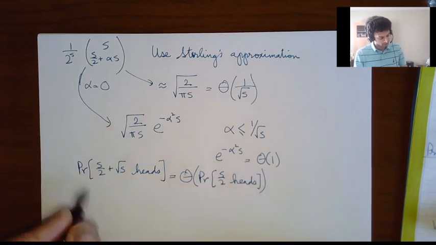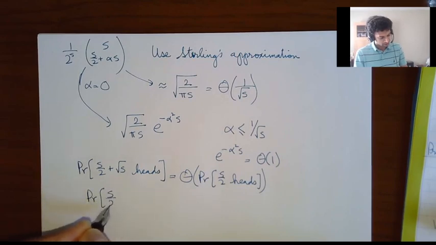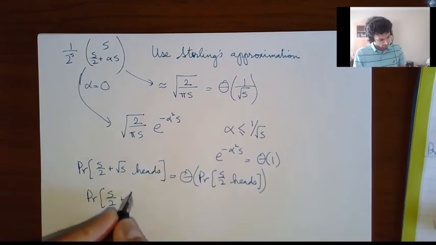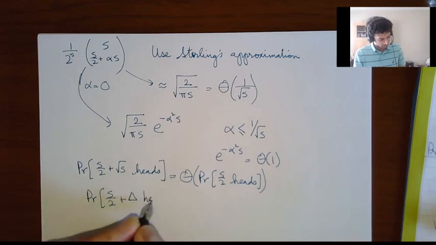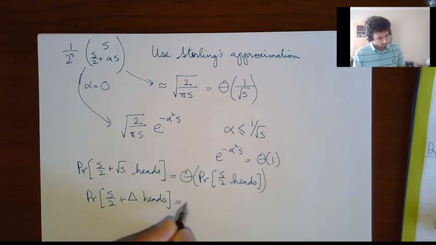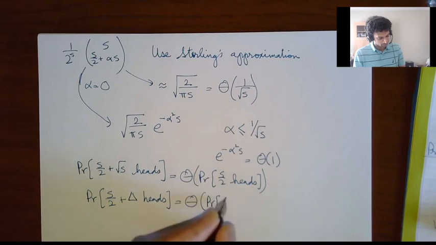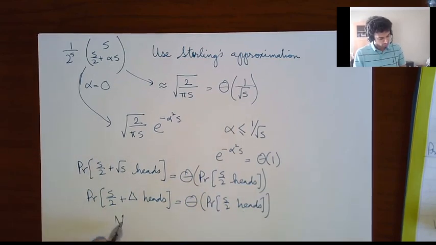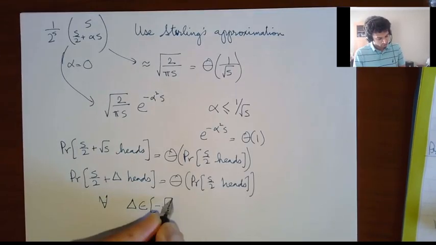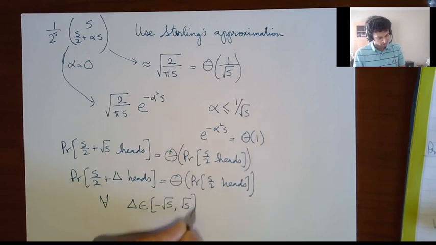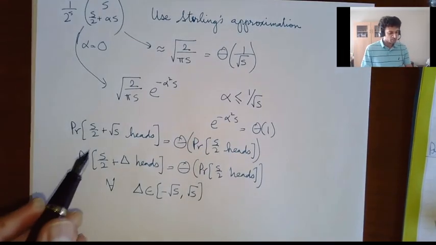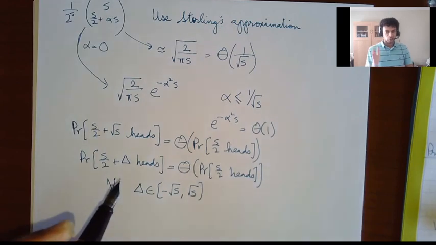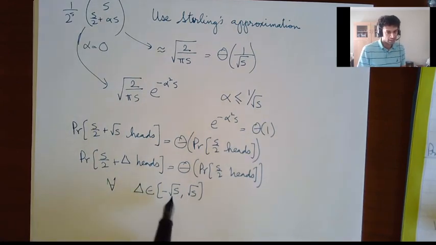Or another way of saying this is the probability of seeing s over 2 plus capital delta heads is theta of the probability of seeing s over 2 heads for all delta in the range minus root s to root s. What this means is that you're equally likely to see s over 2 plus delta heads where delta is in this range.